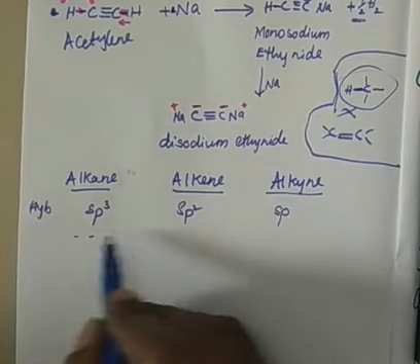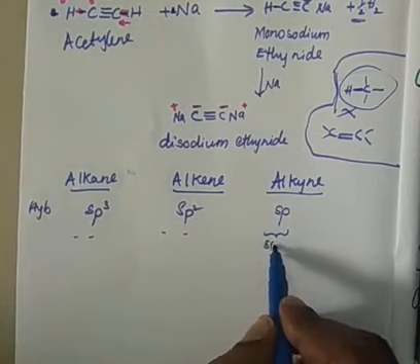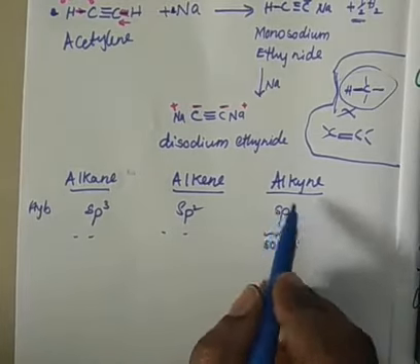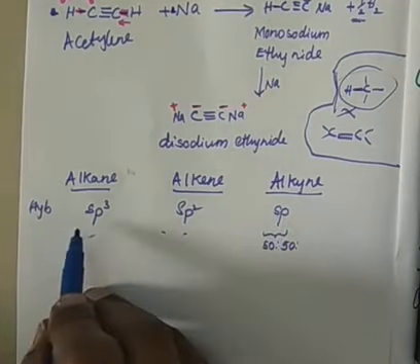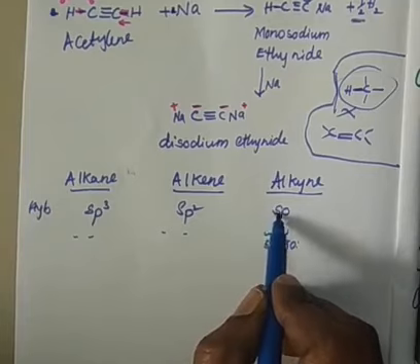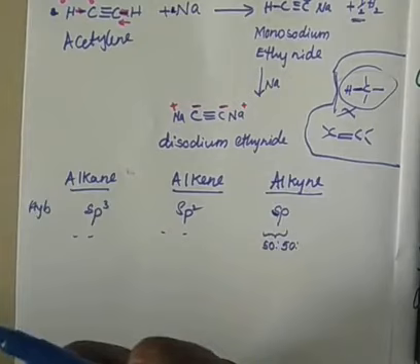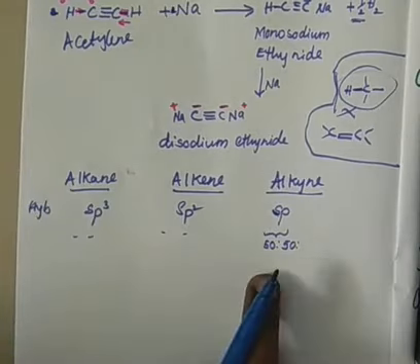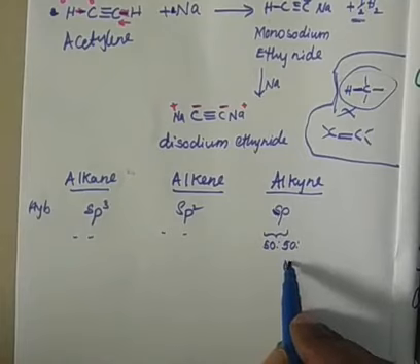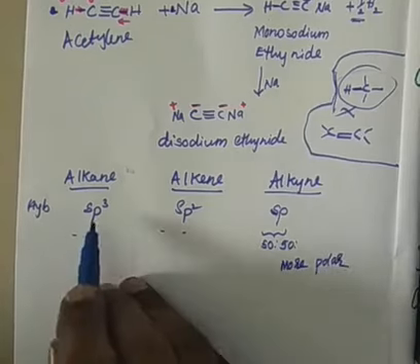If you observe carefully, the s character is much higher in alkynes, about 50%, than in alkenes and alkanes. If the s character is more, the electrons are nearer to the nucleus, so it abstracts the electrons towards it, and therefore it is more acidic and more polar than alkane and alkene.